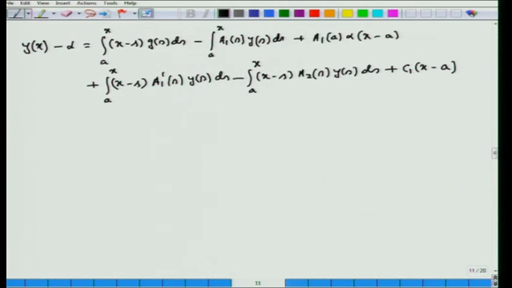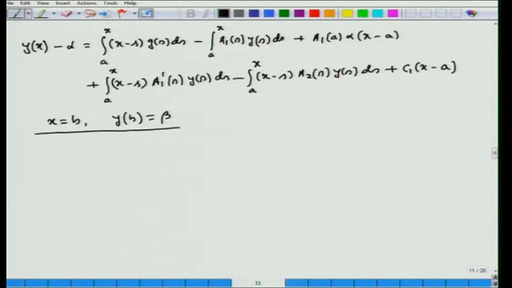Now, in this expression the only unknown quantity is c 1, which we have to evaluate. In order to find c 1 we are substituting x equal to b, and we can utilize the condition y b equal to beta.